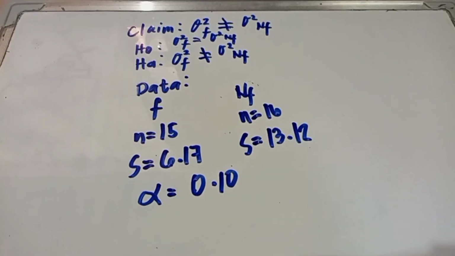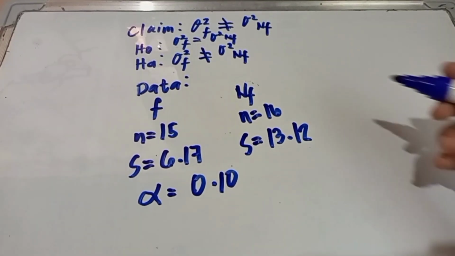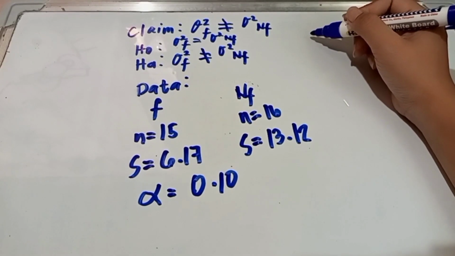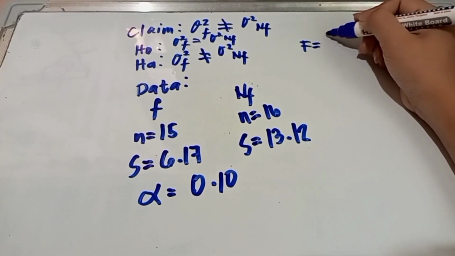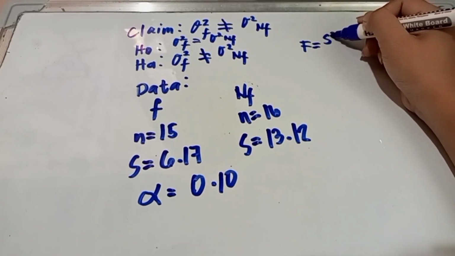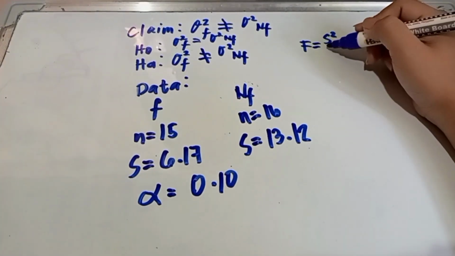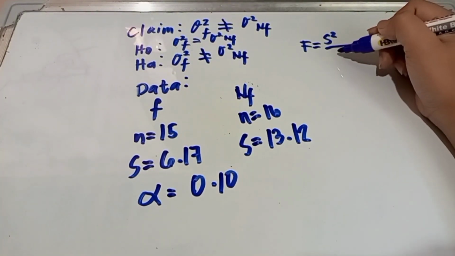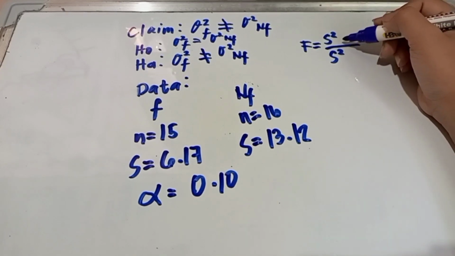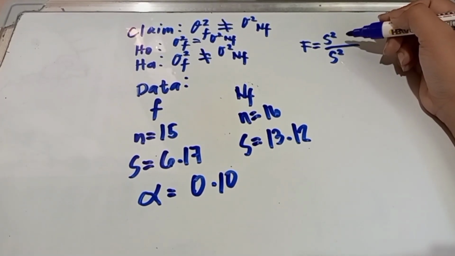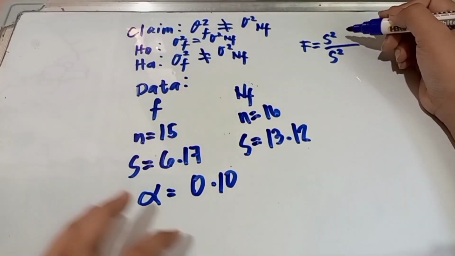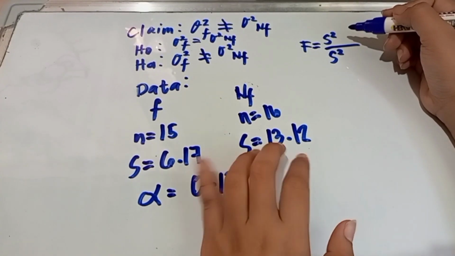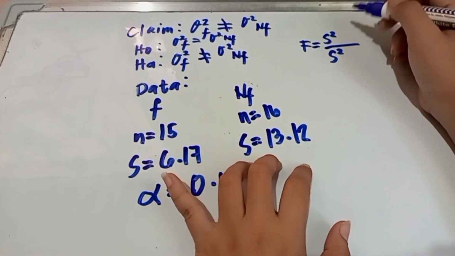So now our formula for this problem, the F-test for ratio of variance formula, is F equals the standard deviation squared over the standard deviation squared. Keep in mind that in our numerator, we need to use the larger one.